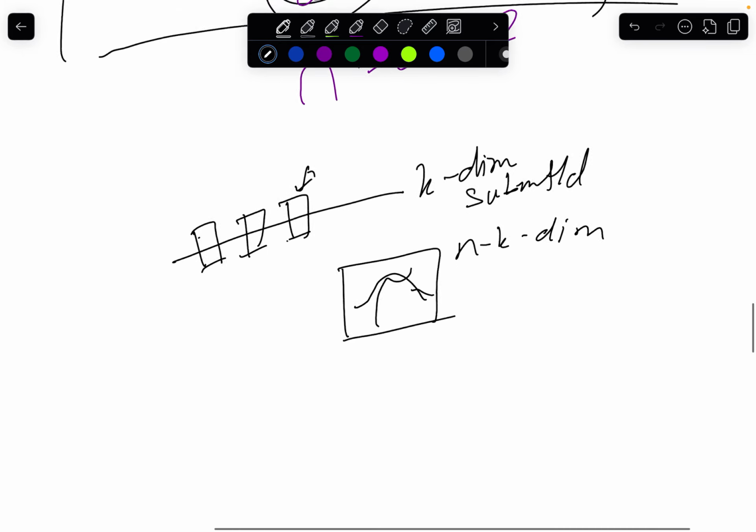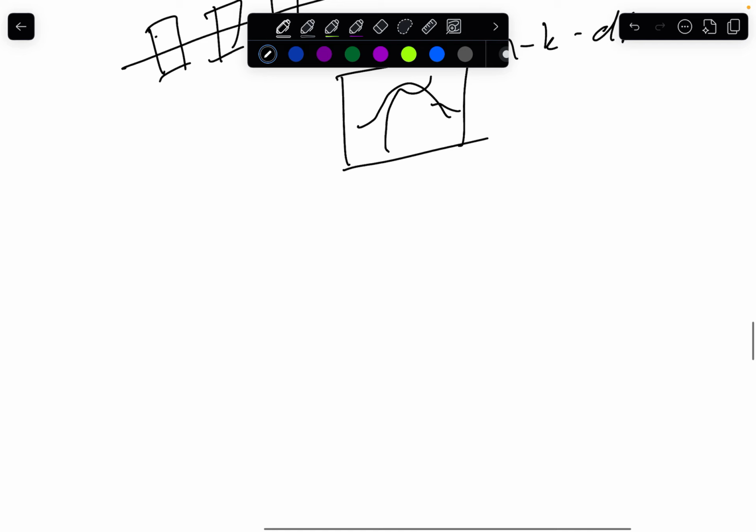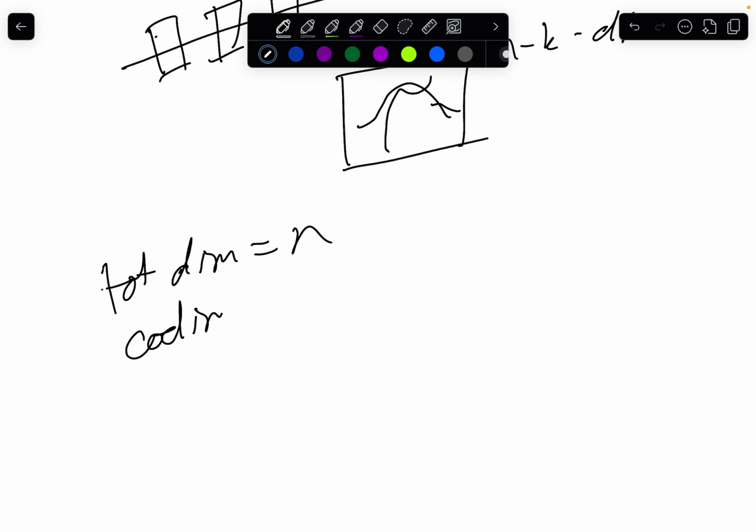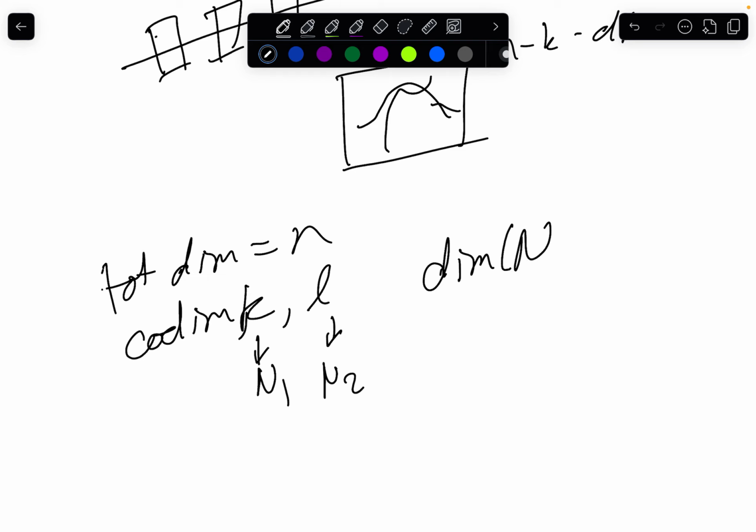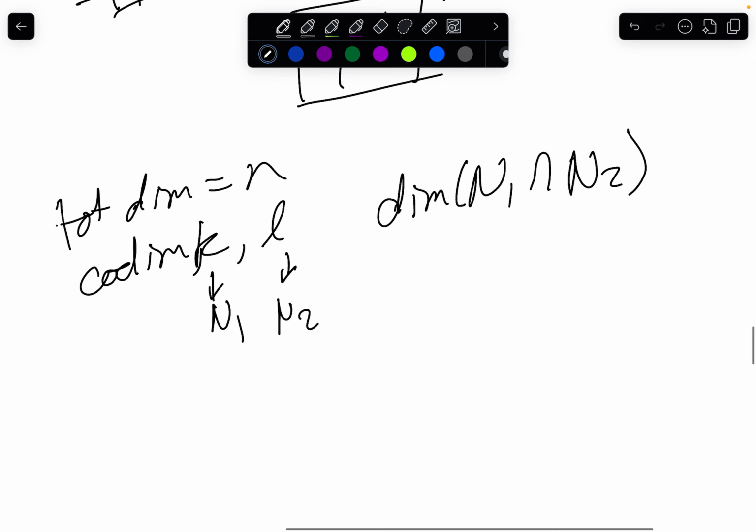So maybe a nice thing to see is, say you have some total dimension n, and say you have a codimension k and l thing. So say that this is like n1 and this is n2. So let's see what the dimension of n1 intersect n2 is going to be. What happens in nice cases?